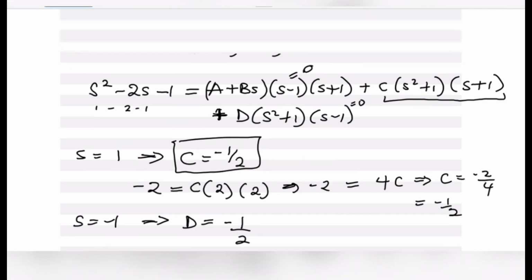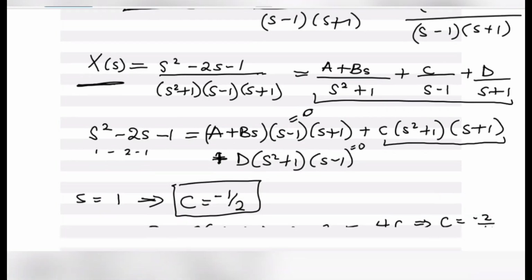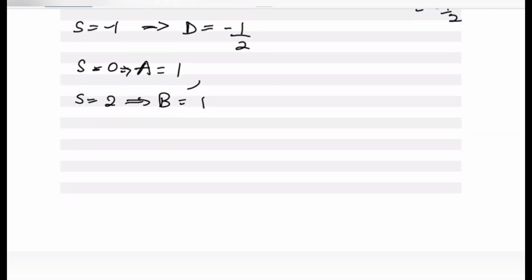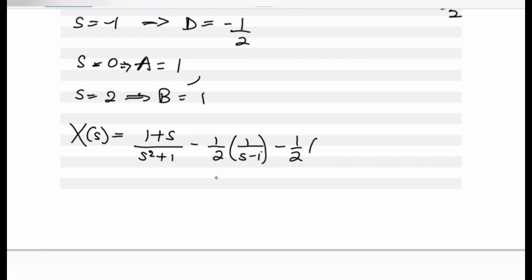So if you put all this back to find your X(s), which is what we have here, your X(s) is simply going to be 1 plus s all over s squared plus 1, minus 1 over 2 times 1 over s minus 1, and minus 1 over 2 times 1 over s plus 1.